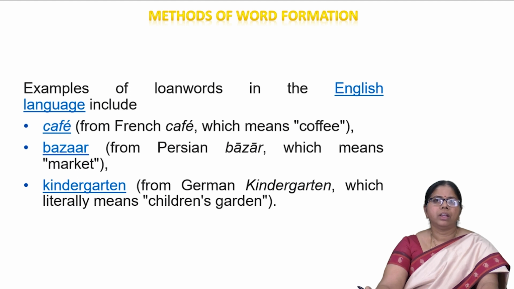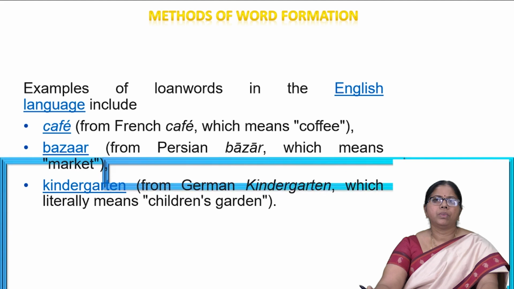Bazaar is a loan word which we borrowed from the Persian language, and it means a market. And kindergarten: we treat it as an English word, but its origin is German. We have taken that German word and we are using it in English. It literally means children's garden.